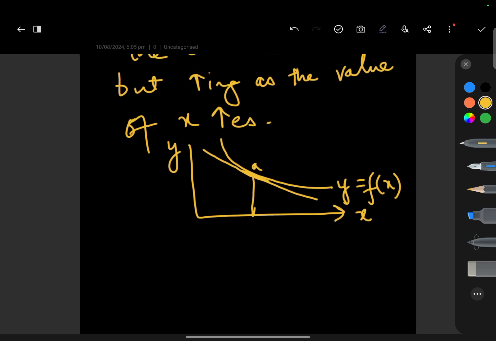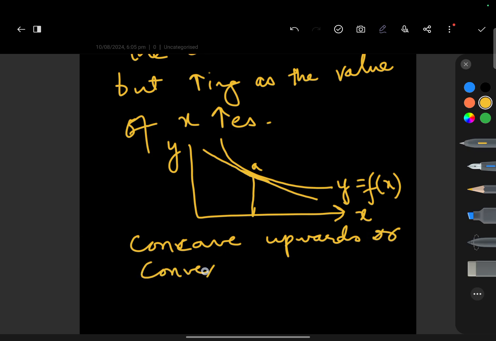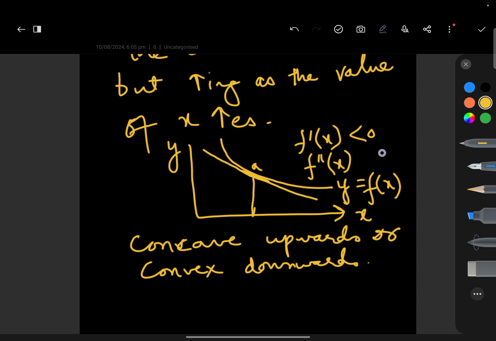It is concave upwards, or we can say convex downwards. So this is the function where our first derivative is less than 0 and second derivative is greater than 0.